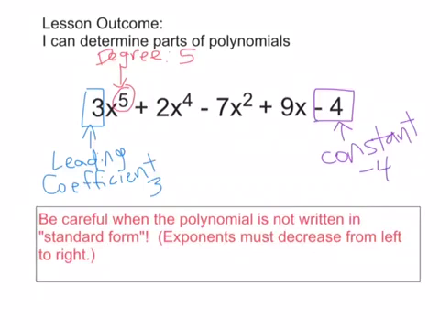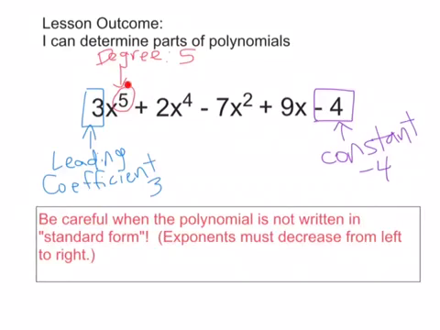And like I mentioned at the beginning, if we have a degree 5, this would be called a 5th degree polynomial. Now one thing you do need to be careful of, as I noted down here, be careful when the polynomial is not written in what we call standard form. Standard form is the way we write it when the exponents on our variables decrease from left to right.